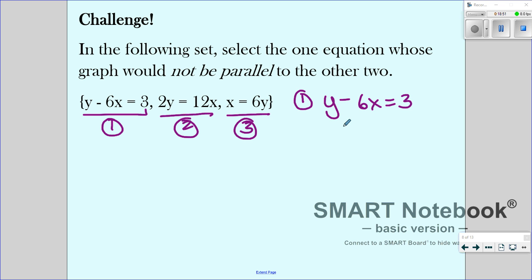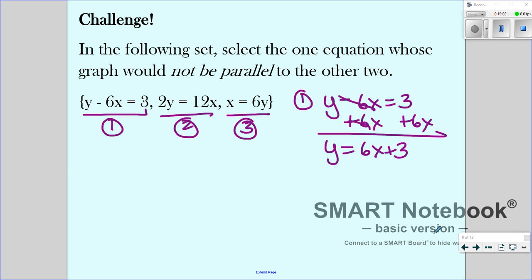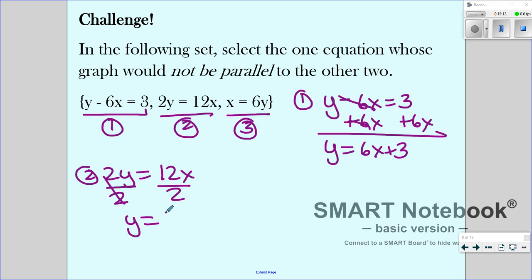So that means I'm going to add 6x on both sides, and get y equals 6x plus 3. So that's my equation for this first one. The second one, I have to do that too, put it into the y equals mx plus b form. So I need to have y by itself. I'm going to divide 2 on both sides, and that gives me 6x.